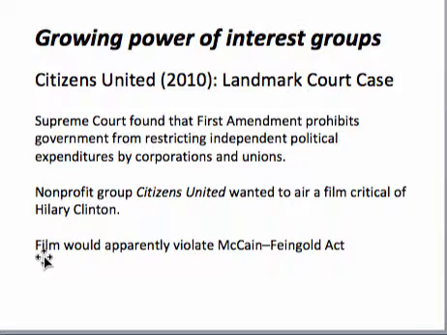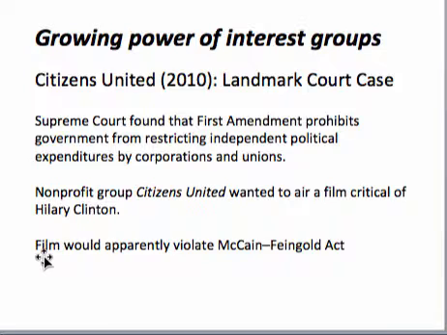In Citizens United in 2010, the Supreme Court prohibits government from restricting independent political expenditures by corporations and unions. Now, of course, corporations have a lot more money than unions, so this primarily benefits the very large corporations.